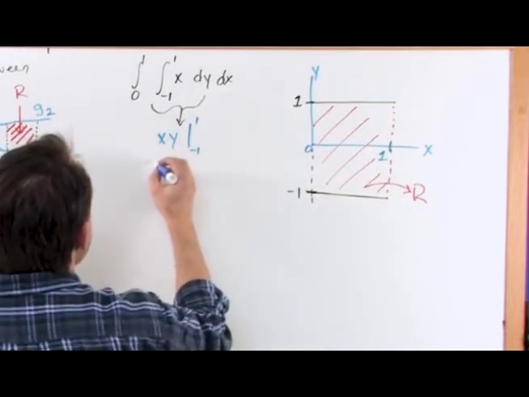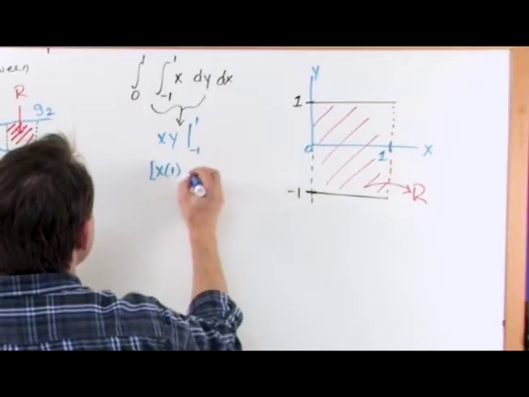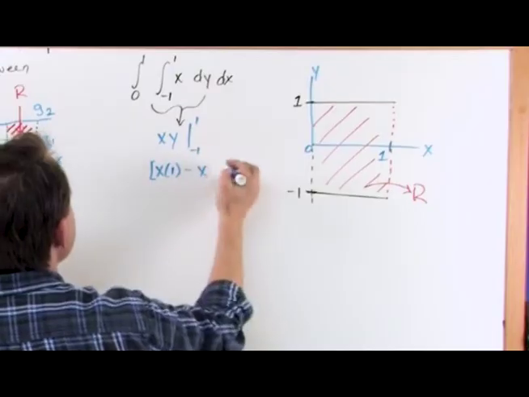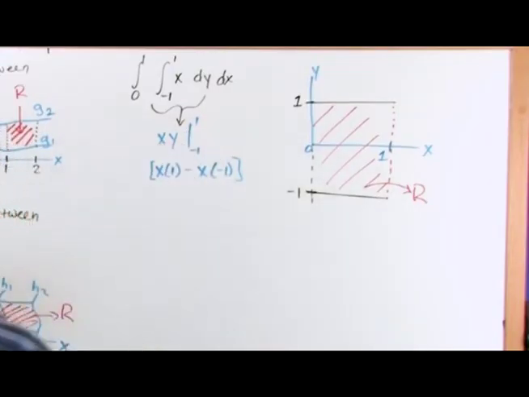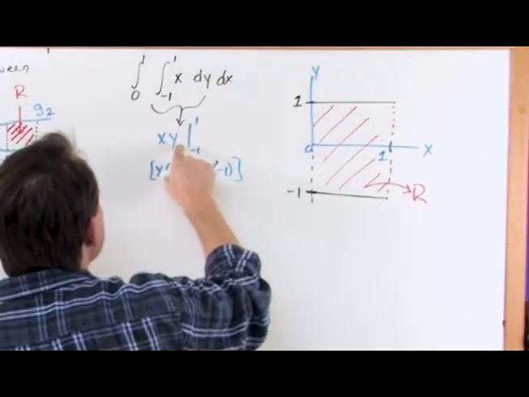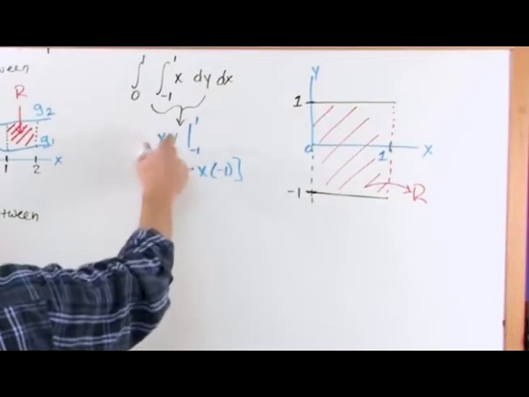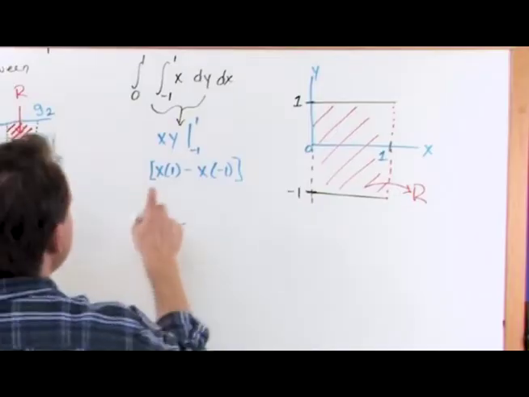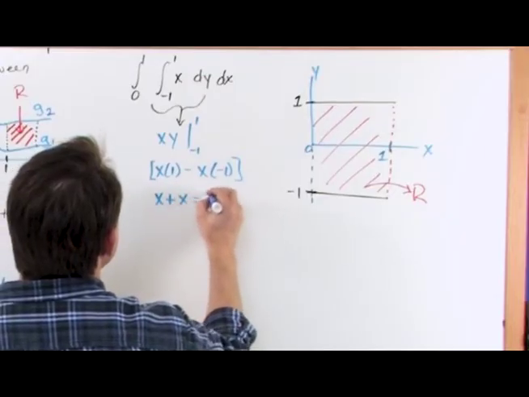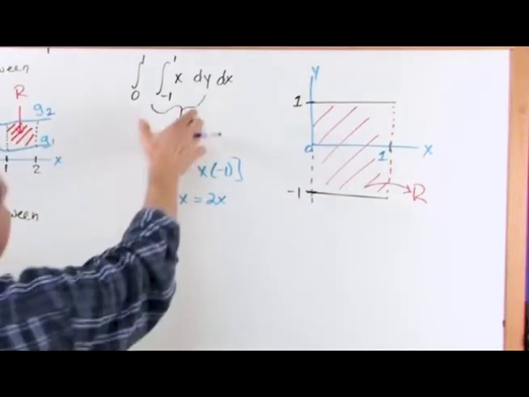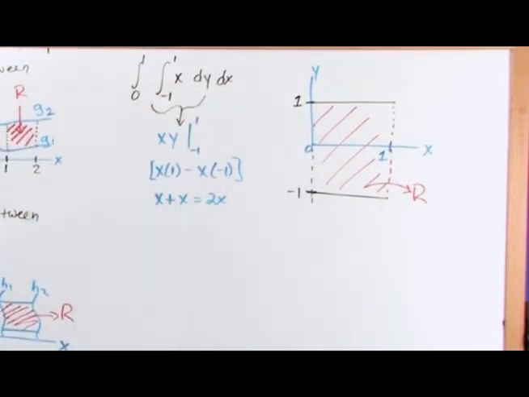So you have x times y evaluated at the top point minus x times y evaluated at the bottom point. X is a constant in this relation. So you get x plus x, which is 2x.